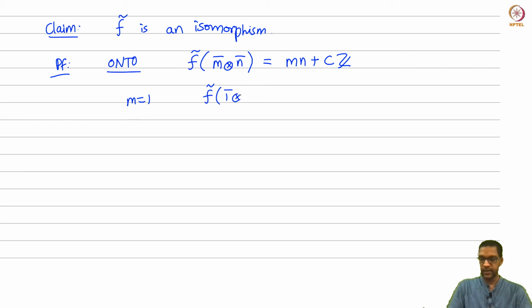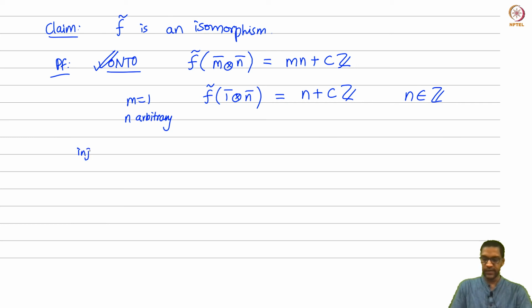So 1 tensor n bar is just going to give you n plus cz, and n now ranges over all possible values in Z anyway. So therefore, every coset is of this form in Z mod CZ. So this is onto for sure. Choose n arbitrary. Then you're done.